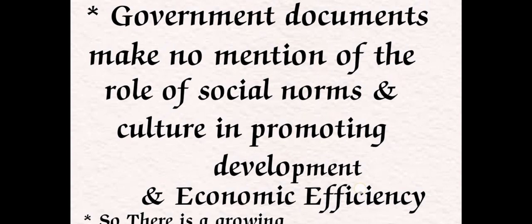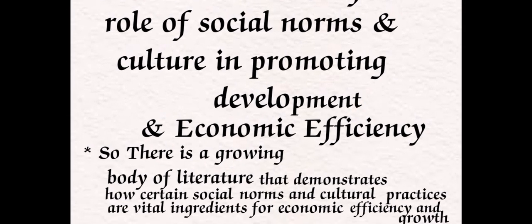Okay, however, there is a growing body of the literature, it means written work, that demonstrates how certain social norms and cultural practices are vital ingredients for economic efficiency. It means these are very important for the economic efficiency and economic development.